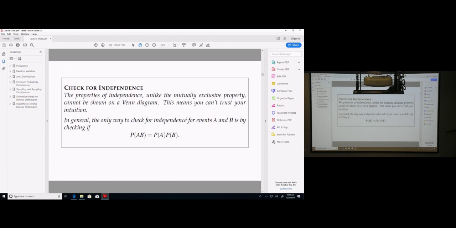Now, check for independence. I think this is a good pointer here. The properties of independence, unlike the mutually exclusive property, cannot be shown on a Venn diagram. This means you can't trust your intuition. There is a little jump here.